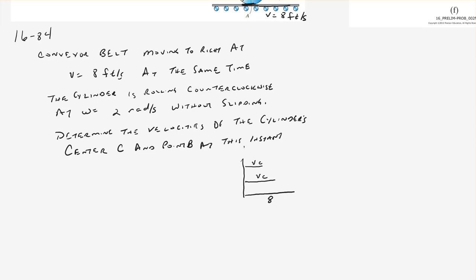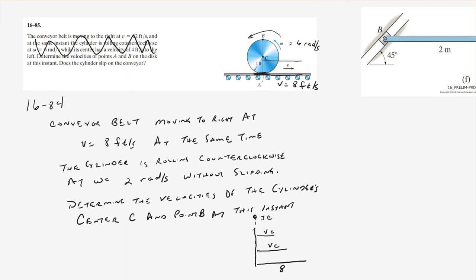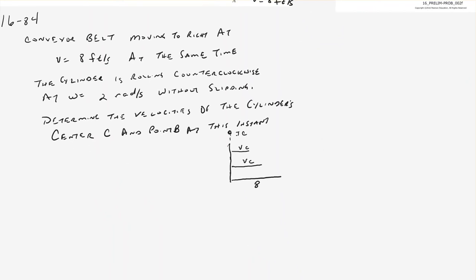and then somewhere back here I've got an instantaneous center. So this distance from here to V sub C right here is 1. Then up to V sub B is 1. Okay, so this is 1, this is 1. I don't know what that distance is right there.